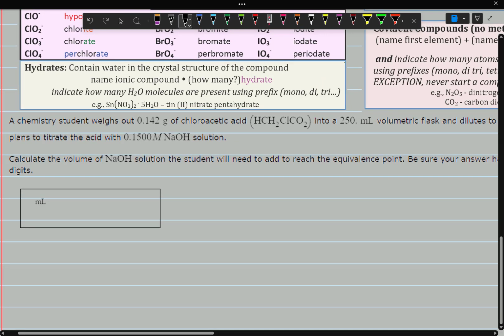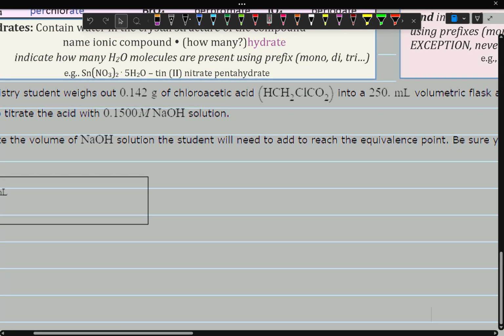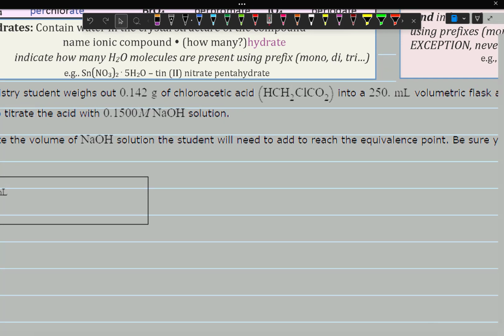So there's a pretty simple formula for calculating this type of titration. When we're given a concentration like this, we are going to be using the formula M1V1, the molarity and volume of your first item, which refers to our acid.